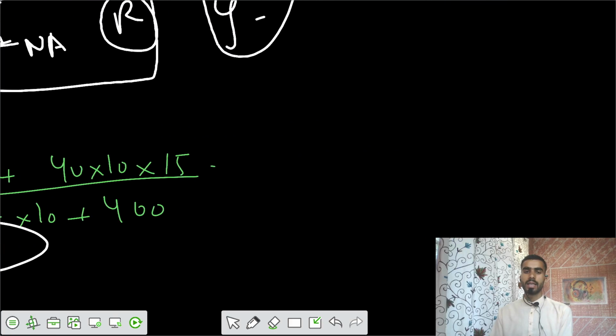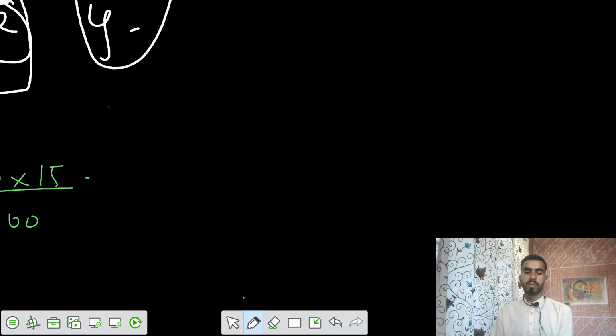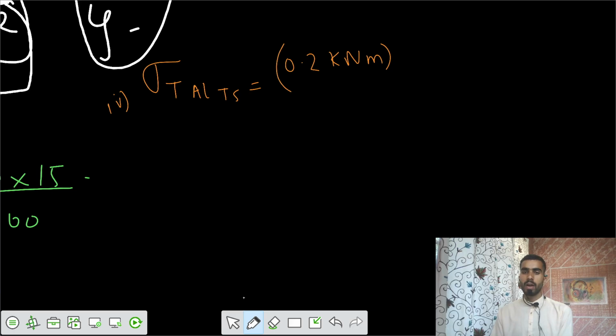So, stage 4, step 4: stresses at the top in the aluminum transformed section equals M y top over I. The value of M was 0.2 kilonewton meter.